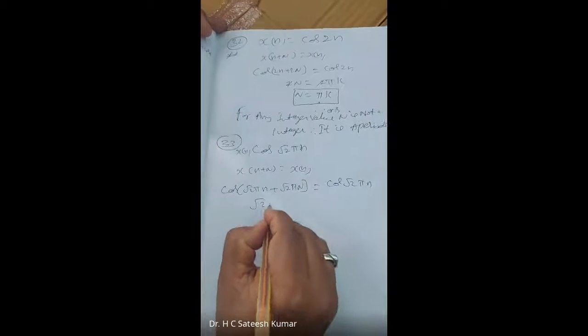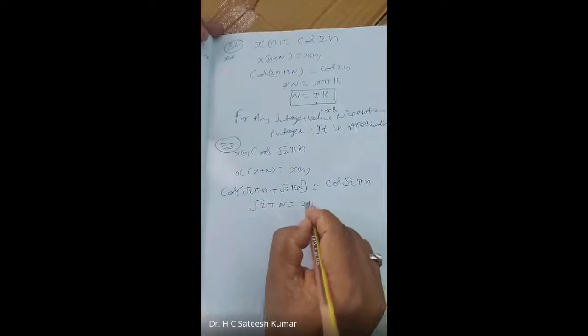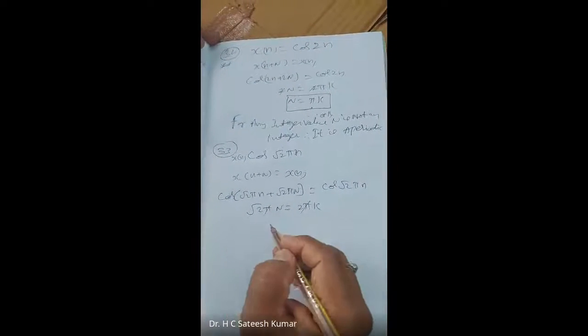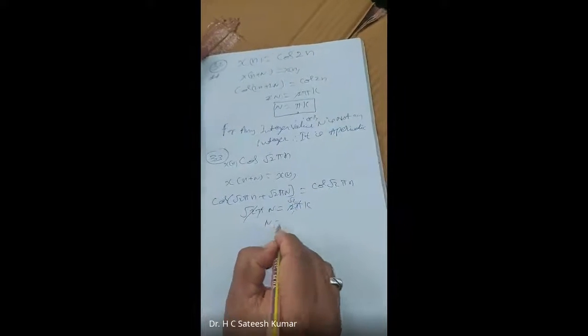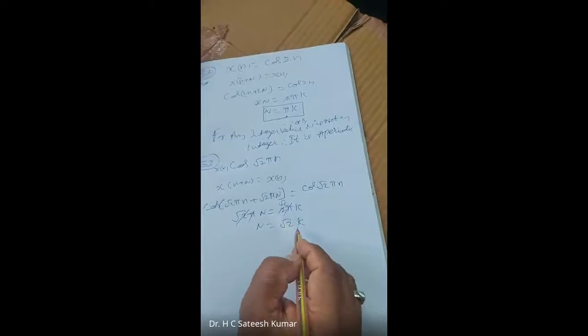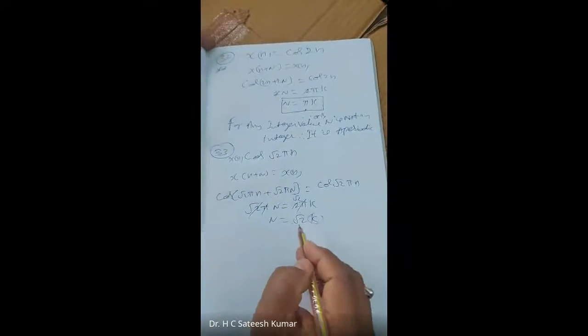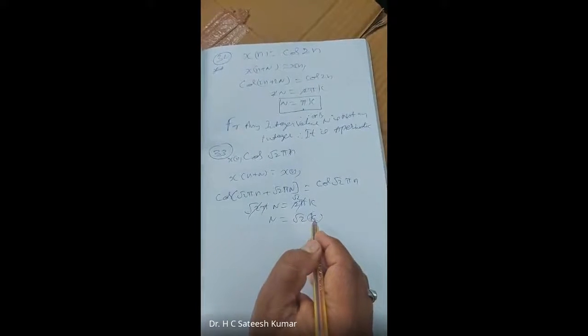When these two are equal, root 2 pi N should be equal to 2 pi k. Condition remains the same. Pi gets cancelled. This root 2 gets cancelled. N is equal to root 2 k. Tell me any integer value of k such that N is an integer. No chance at all, for any integer value of k.